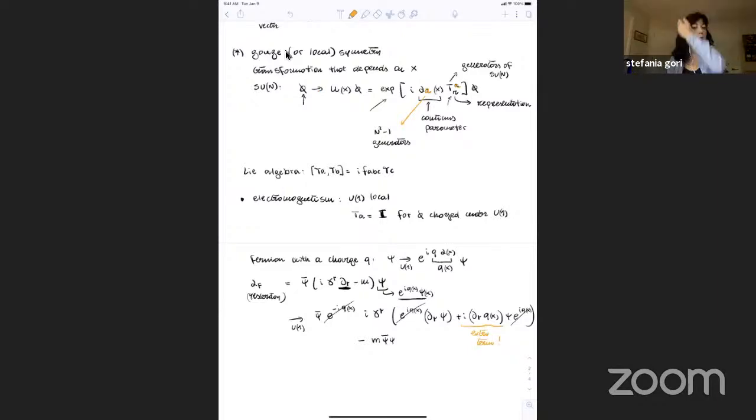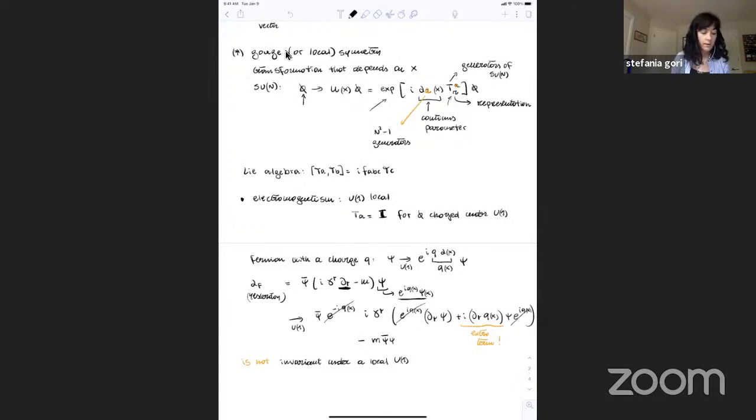So what this little exercise is telling us is that if we just take the Lagrangian that we've seen yesterday, this Lagrangian is not invariant under a local U1 symmetry.